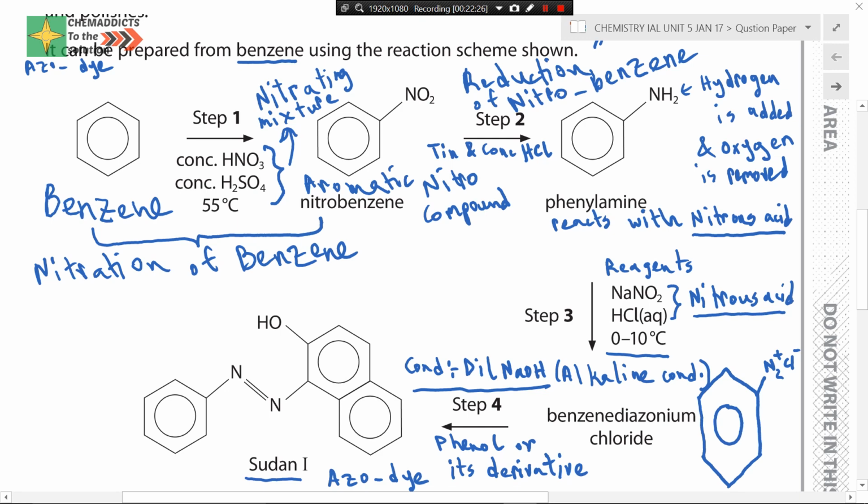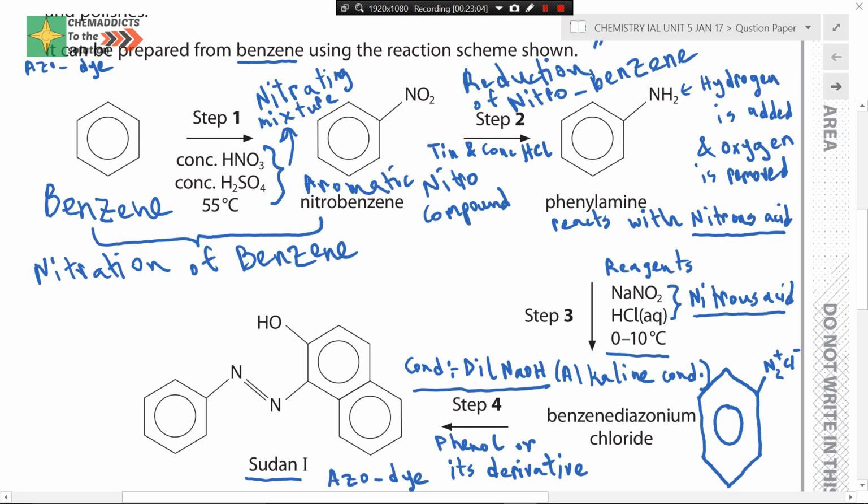We have given the reagents concentrated nitric acid and concentrated sulfuric acid at 55 degrees Celsius, which act as the nitrating mixture. Benzene reacts with this nitrating mixture to give nitrobenzene, an aromatic nitro compound.